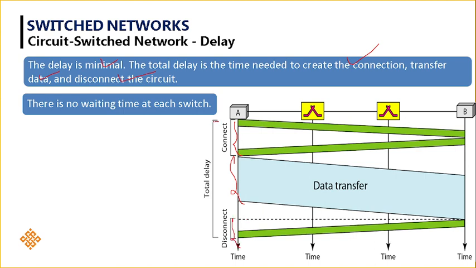So this is the overall delay. There is no waiting time at each switch because here the data flows in a continuous stream. Hope you understood this delay. It is very simple: time taken to establish the connection, to transfer the data, and to close the connection.